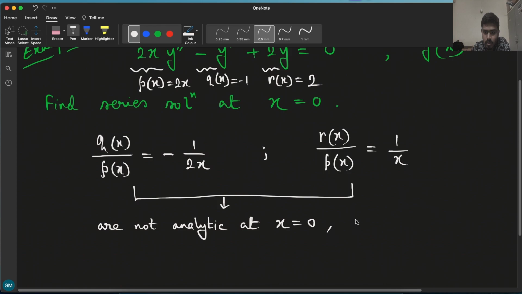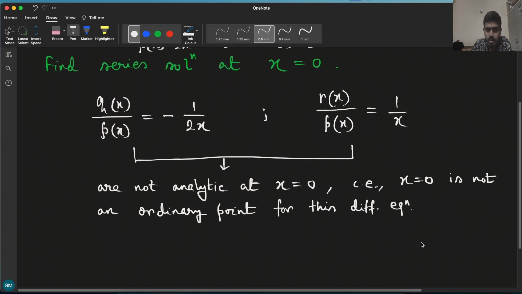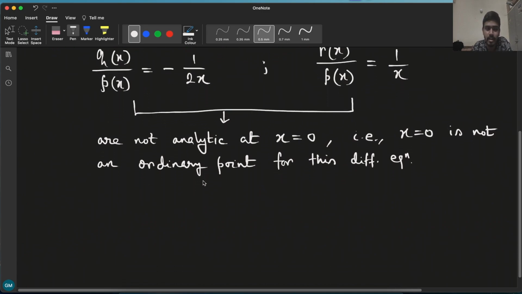That means x equals 0 is not an ordinary point for this differential equation. So let's check whether it's a regular singular point or not.